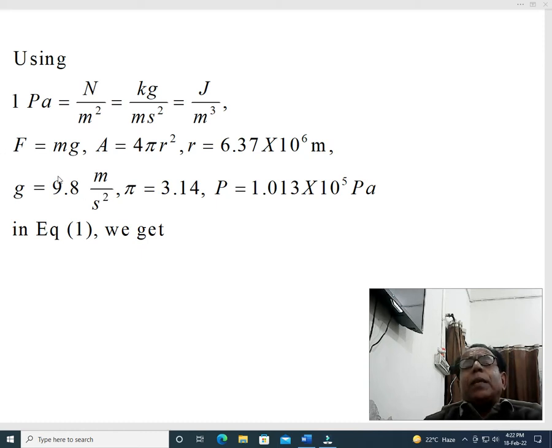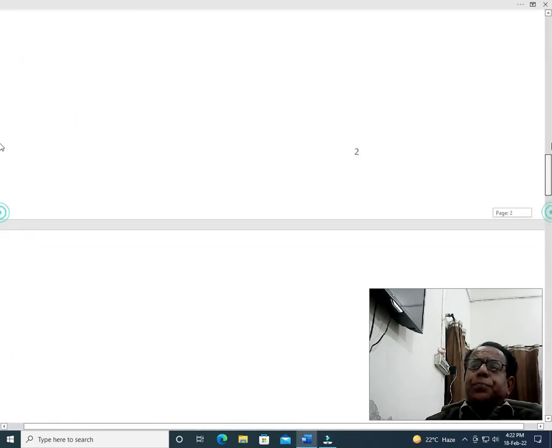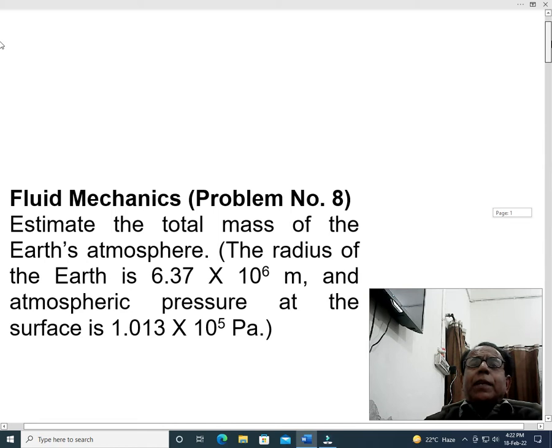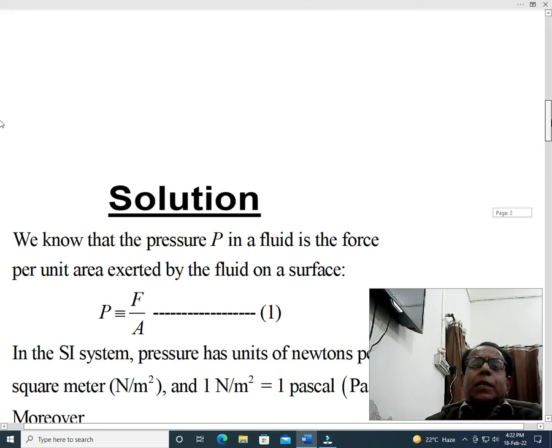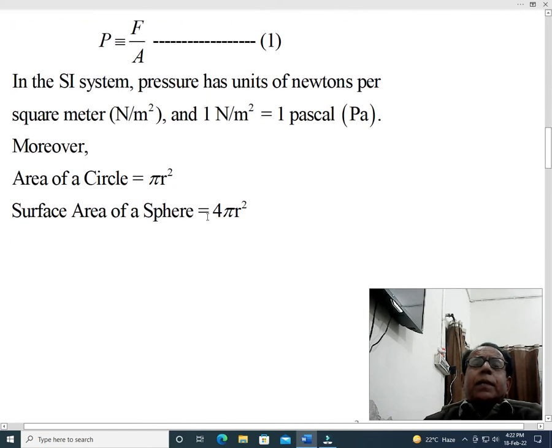Further, F equal to mg in accordance with Newton's second law of motion. A is equal to 4 pi r square, because, dear students, we are required Earth's atmosphere surface area: surface area of a sphere is 4 pi r square, area of a circle is simply pi r square.